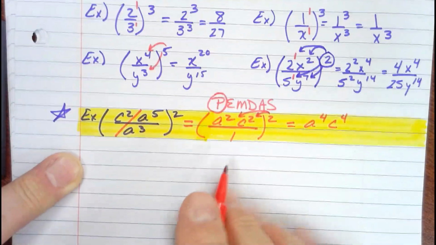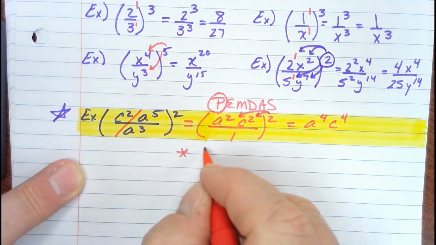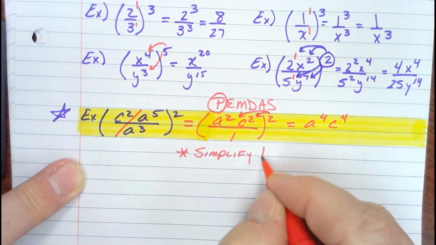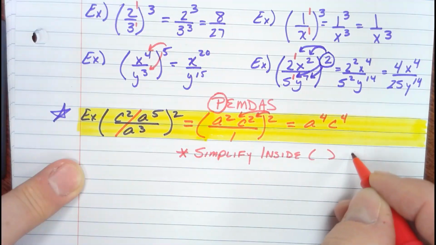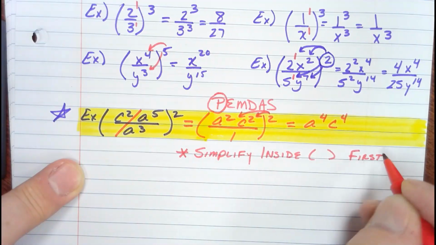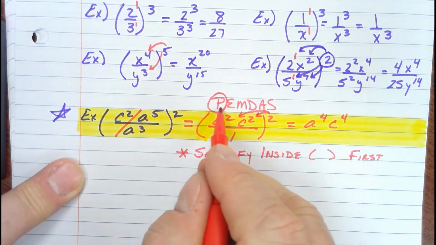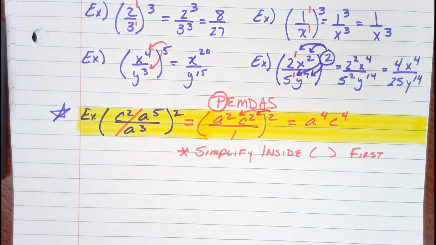So the rule, or the thing I'm trying to get you to realize here and do, is to simplify inside parentheses first. Before you start applying the E or exponent rules, simplify inside the parentheses first.